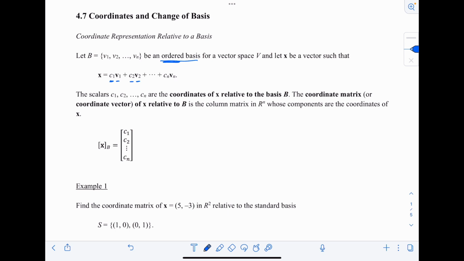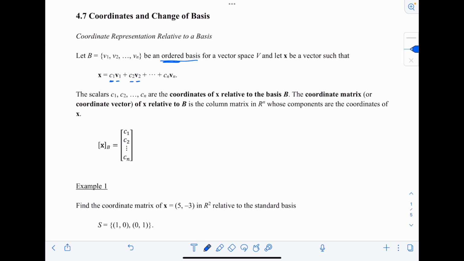I want to make sure that when I'm talking about the scalars, C1 and C2 come in the same order as V1, V2. Okay, so just a slightly new idea there with the ordered, but basically what we're saying now is that the scalars are coordinates of X relative to the basis B. They're the coordinates or the scalars that we're using in basis B to come up with all of those vectors.